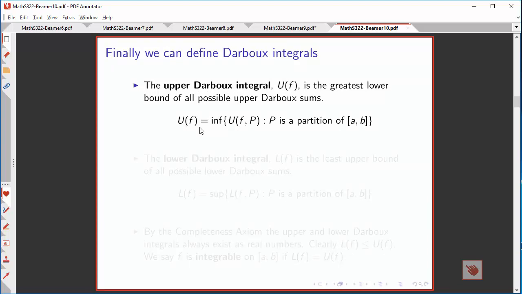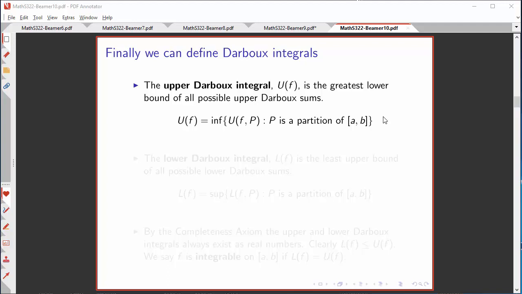So I'm going to define the upper Darboux integral as the least... I told you this was hard.